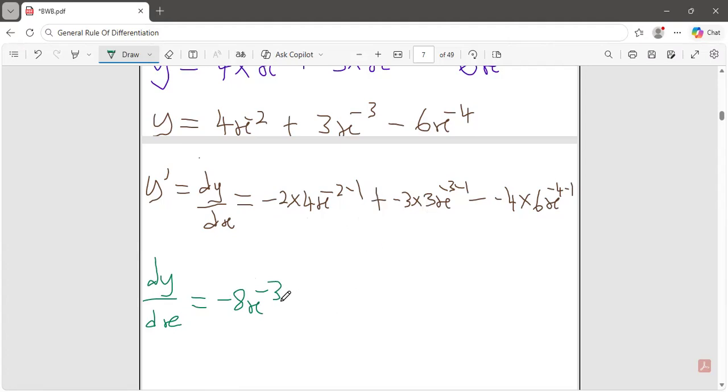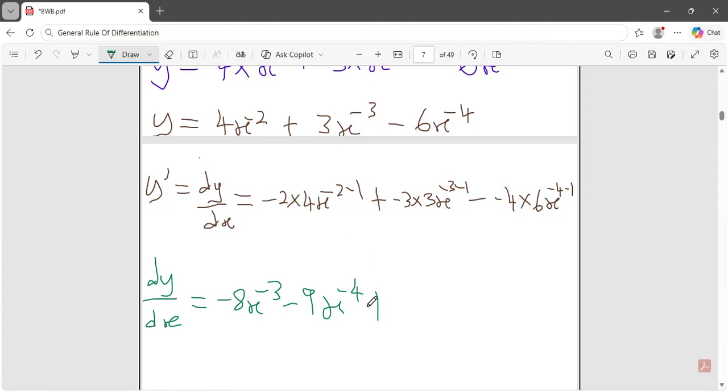Over here, positive times negative is still going to be negative, and 3 times 3 is 9. You're going to be left with negative 9x exponent negative 4, because if you are owing 3 series and you take 1, you are now owing 4 series.